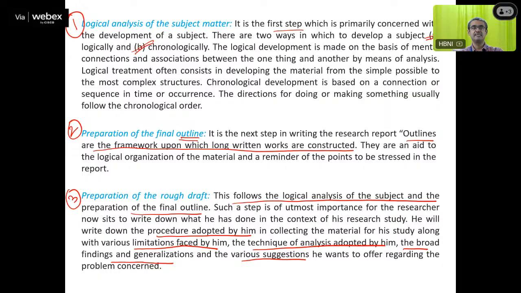And in each of these, you mention, after the analysis of the subject or the introduction of your research, what hypothesis you are going to analyze during your thesis or your research work, the procedure you have adopted in one chapter, how the experimental data you have generated, the technique of analysis you have adopted, the broad findings and generalization, okay, in terms of conclusion of each study, and the various suggestions that you want to put forth for your own next study or for other future studies.